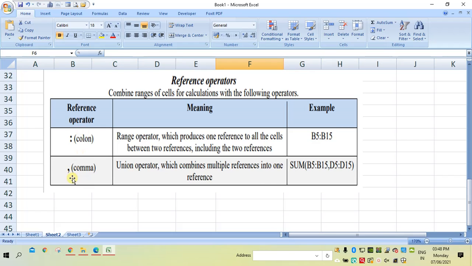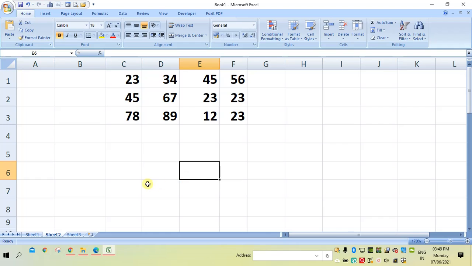So here it is called a range. 23 is in the C1 cell and 78 is in the C3 cell. Therefore the range of this column is C1 to C3.